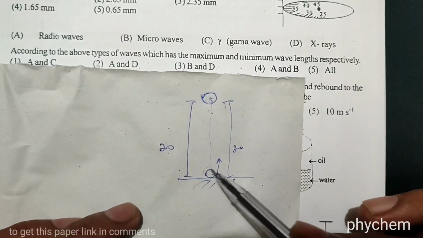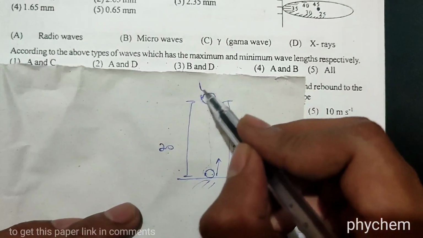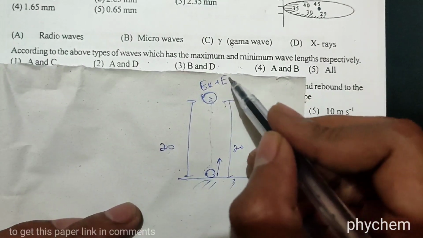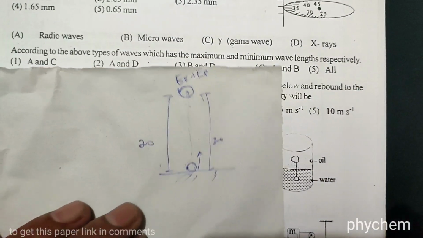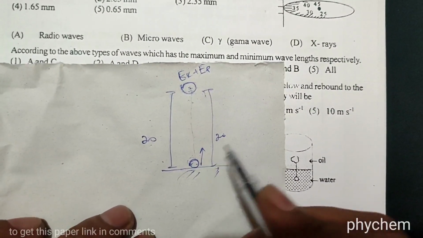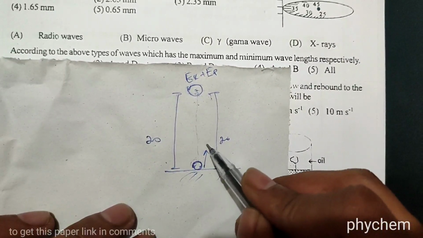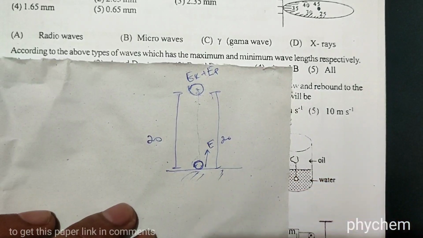So the total energy is equal to the initial kinetic energy, Ek, plus the potential energy. This is complicated, so I'm just telling you the simple way. After the collision, I'm considering it has energy which we call E.